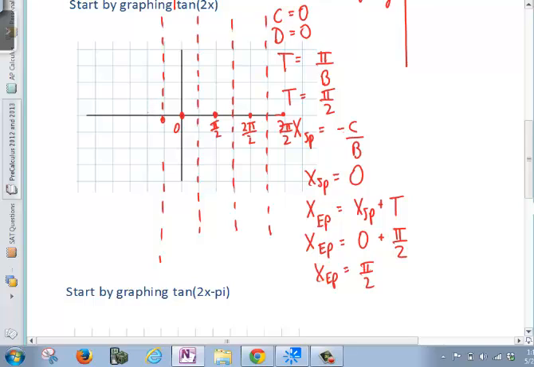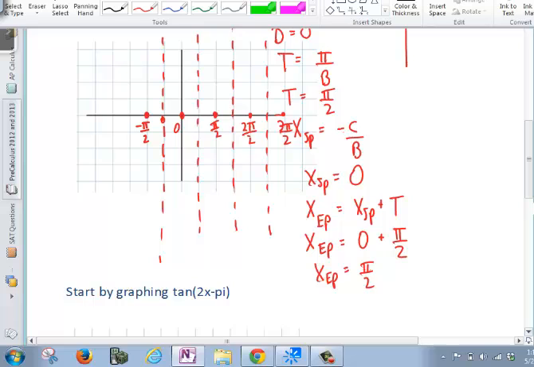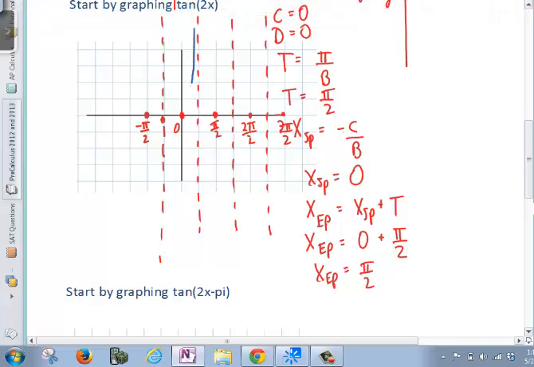So this next 0 would be here, and that'd be at negative pi over 2. Now I can draw in the functions just like I drew before, the tangent functions. And we have what would be a few cycles of the tangent function.